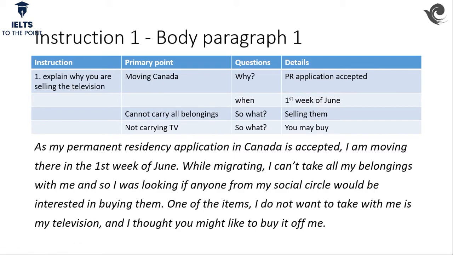One very important thing to remember over here is that I am saying someone or anyone from my social circle. I'm not saying typically my friends would buy it, so that you show the examiner as well as the reader that you don't consider this person, the friend's friend, to be your friend, but somebody who you know.